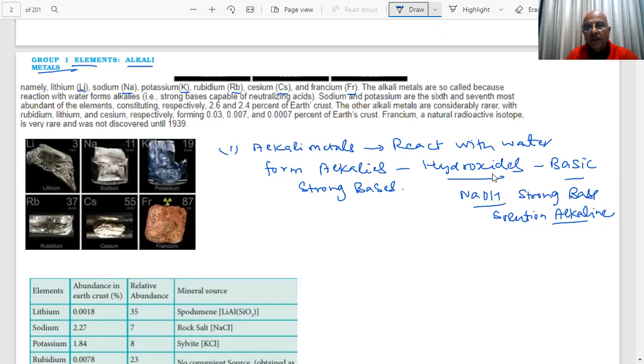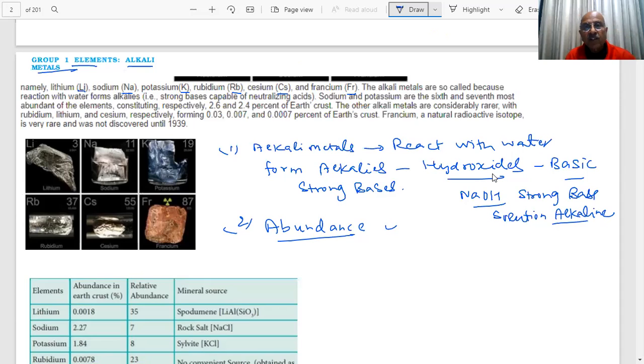Clear? So sometimes they ask a question. Sodium and potassium are the sixth and seventh most abundant elements. If I speak of their abundance, where they are available, you will find them in the crust of the earth.